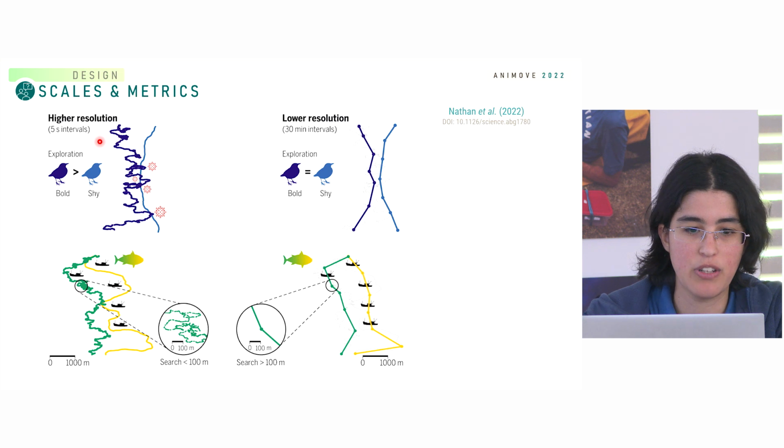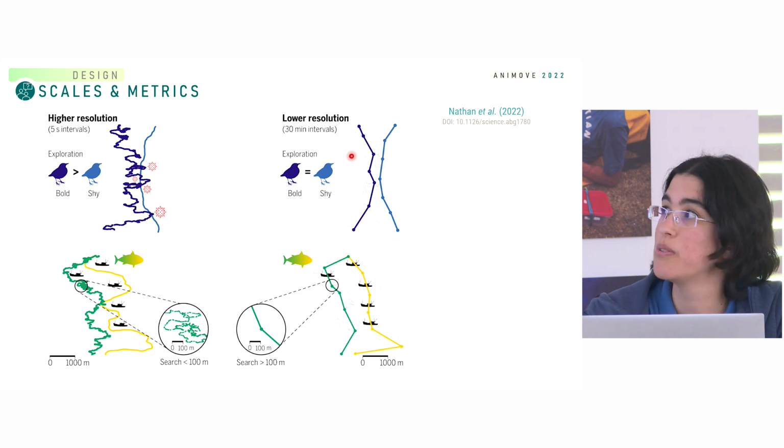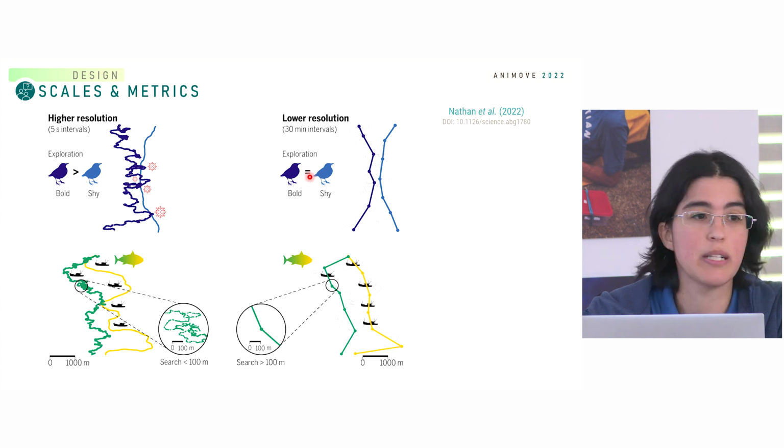With a resolution of 5 seconds, you can see that the shy individuals were not really exploring their habitats as much as the bold individuals. But if you only collect data at a low resolution, 30-minute intervals, you would miss this and think they are pretty much the same.